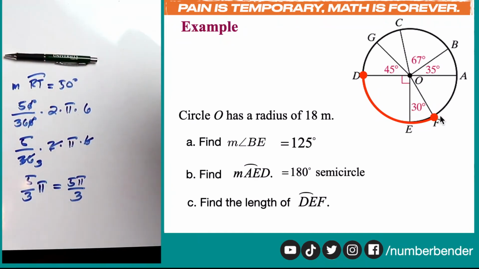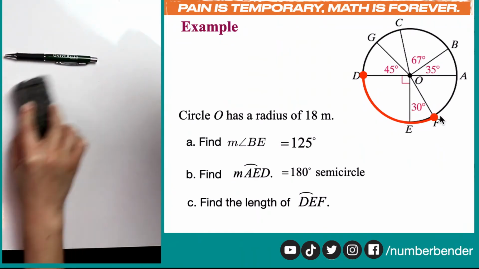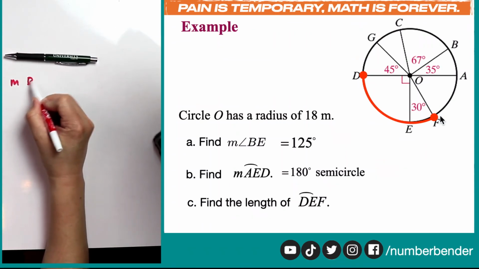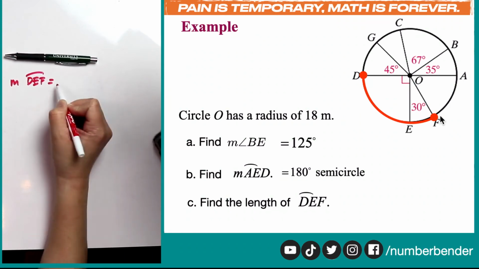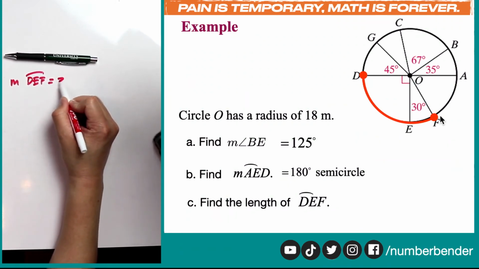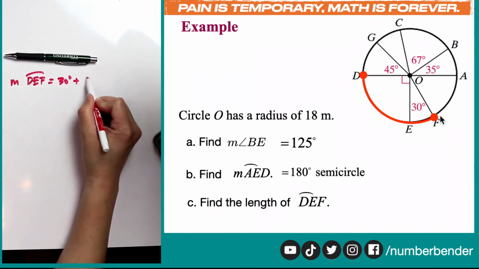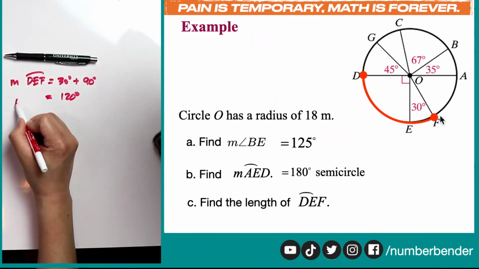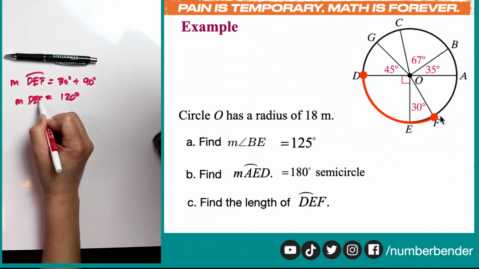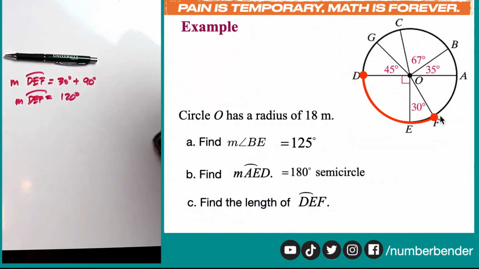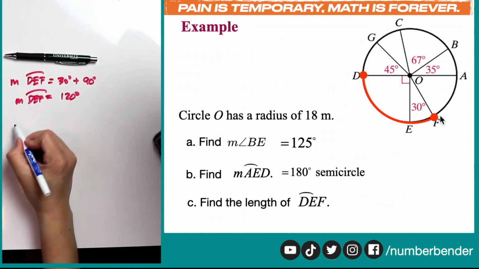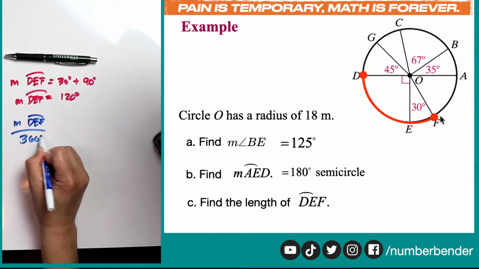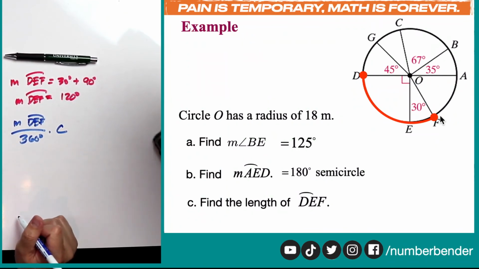We could use the formula just like what we did on the previous example, because we know that the measurement of DEF is equal to 30 degrees plus 90 degrees, and this is equal to 120 degrees. Now that we know the measurement of arc DEF, we can use the formula for the arc length, which is the measurement of DEF all over 360 degrees multiplied by its circumference.